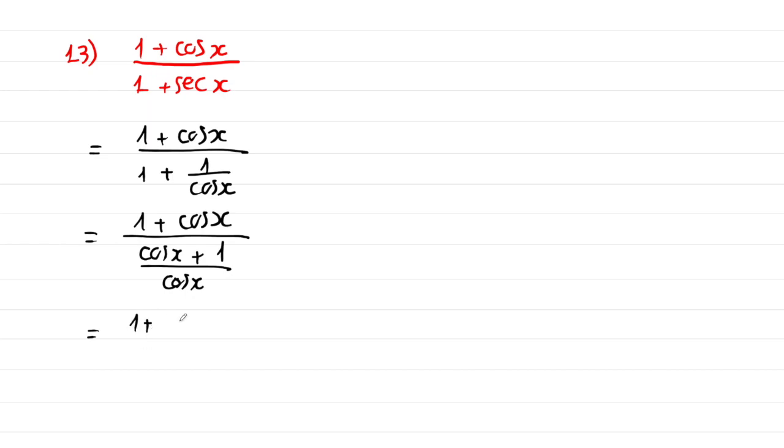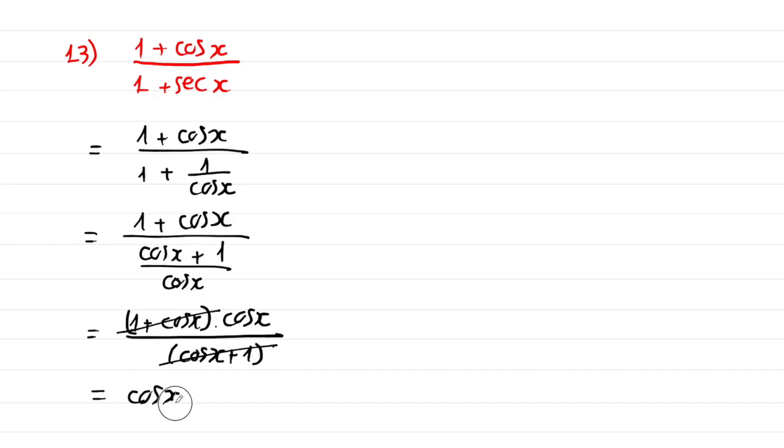So apply the algebraic division. You get 1 plus cos x times cos x in this position and divide by cos x plus 1, and both numerator and denominator have factor of 1 plus cos x. So you can simplify them, and the final answer only has cos x. This question we are done.